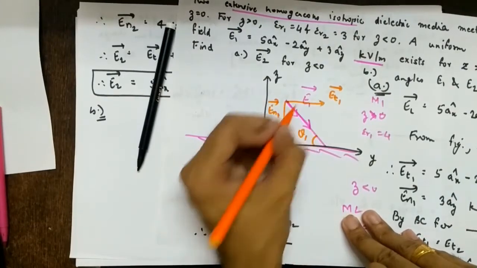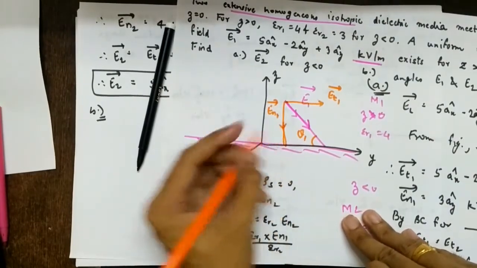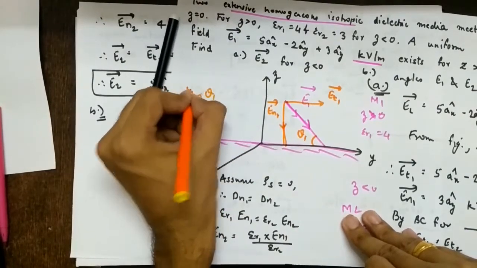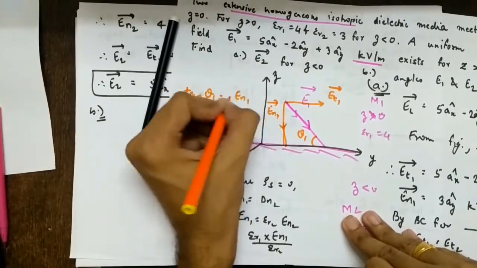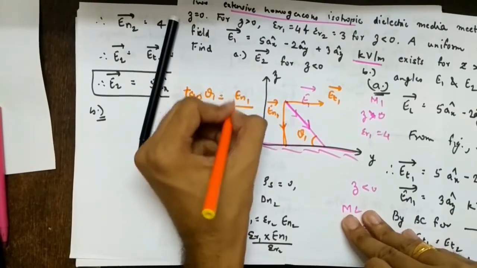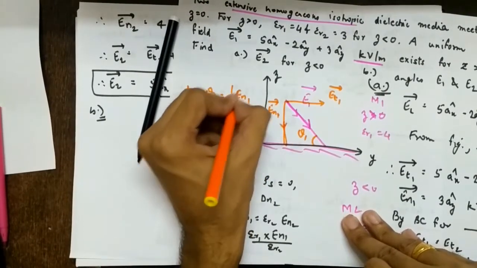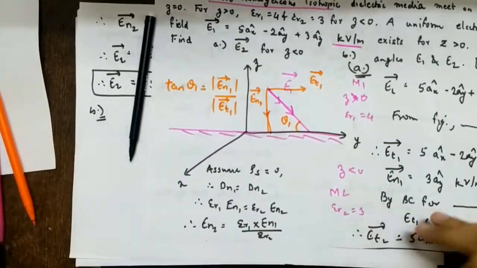So with the opposite side and the adjacent side, which trigonometric function do we use? Tan theta 1 is the opposite side, En1, upon Et1. Obviously it cannot be a vector, so it will be the magnitude of those vectors, right? We already have En1 and Et1.